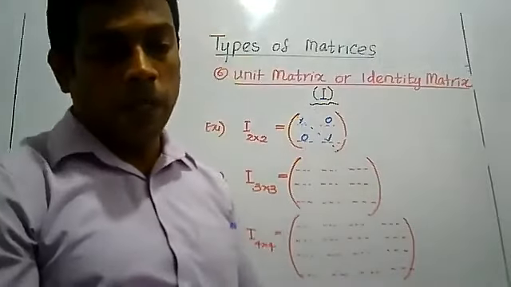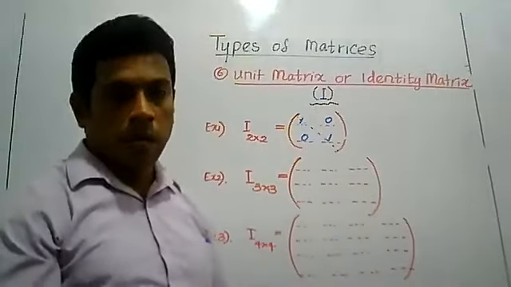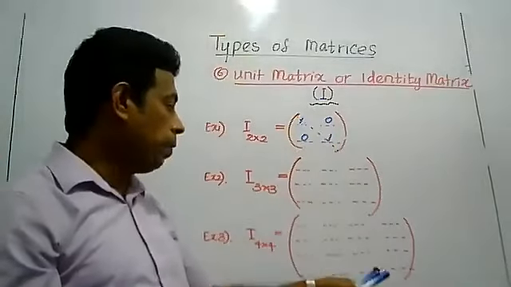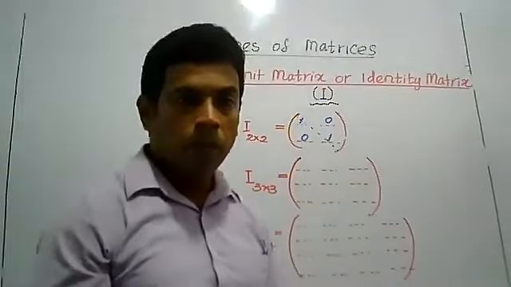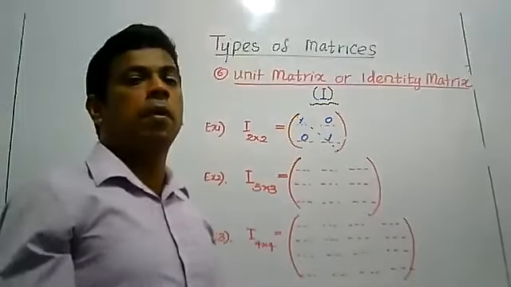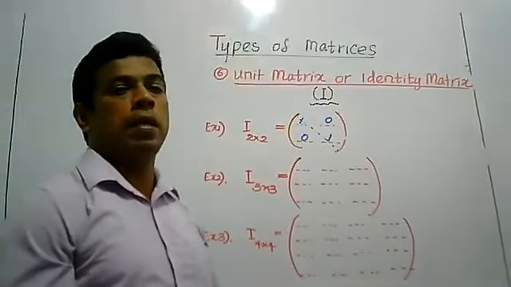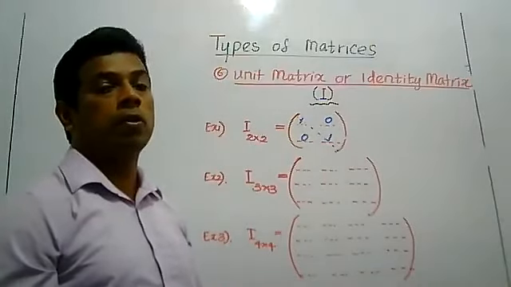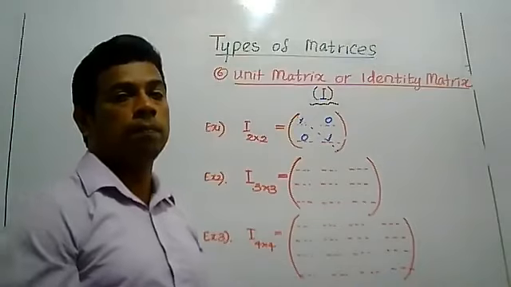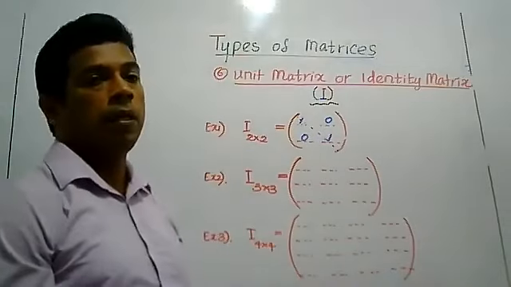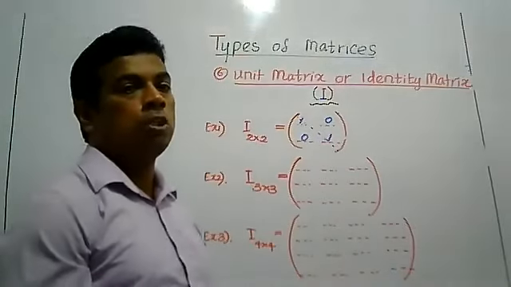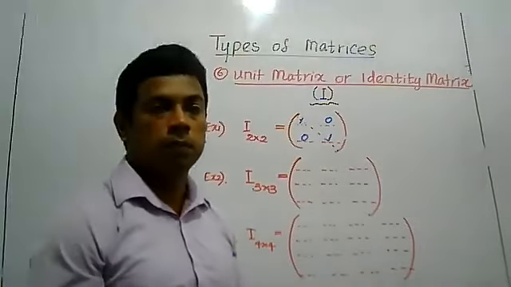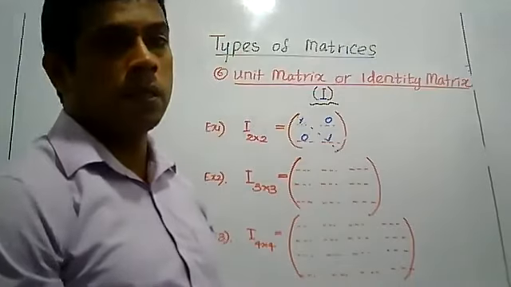Now write the elements of these three matrices, identity matrices of order 2 by 2, 3 by 3 and 4 by 4.